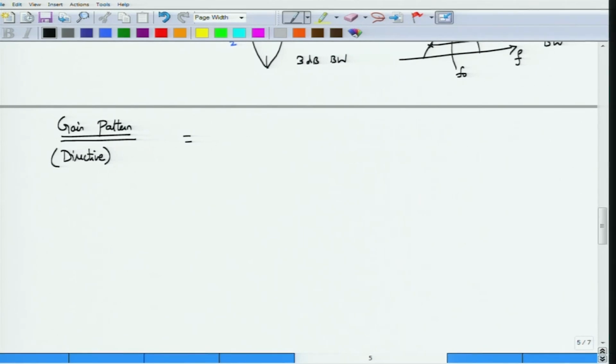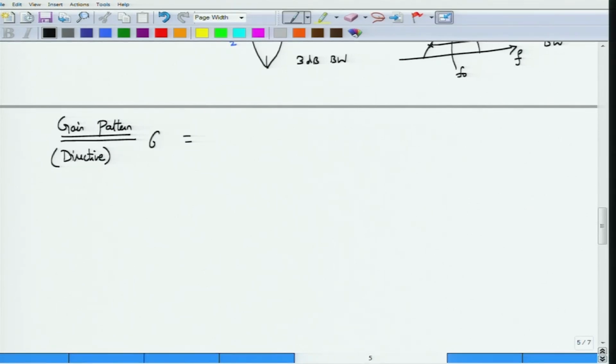You are interested in directive beam patterns because that is the one which will give you the line of communication angles. If the antenna pattern is directed in a particular direction, then you can put the receiving antenna there and all of the energy would be received at that particular angle. So the gain pattern of an antenna is also sometimes called directive gain pattern.